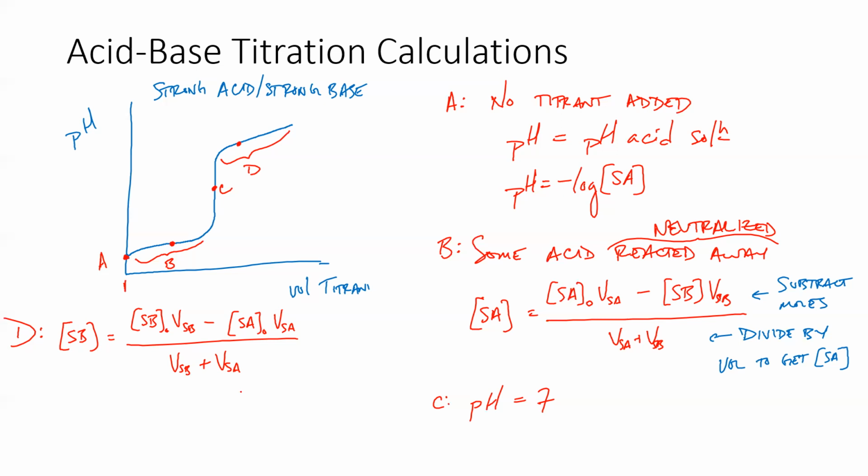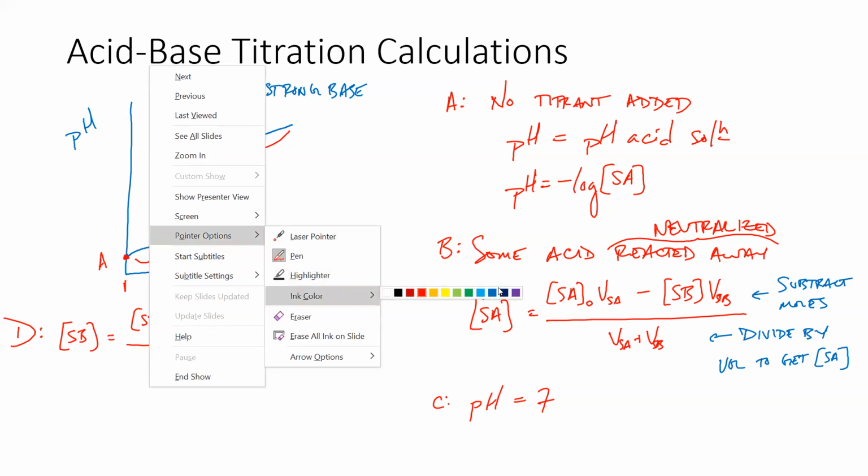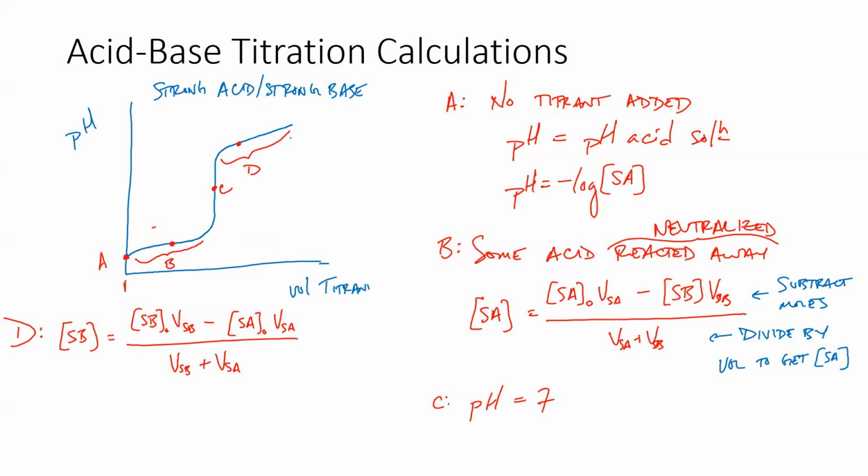So strong acid, strong base is the easiest one. It's very easy to switch this over to if strong base is your analyte and the strong acid is your titrant, right? If we were to do it that way, let me just choose another color here. Right? If we were to do it that way, we'd end up with a curve that looks something like this.